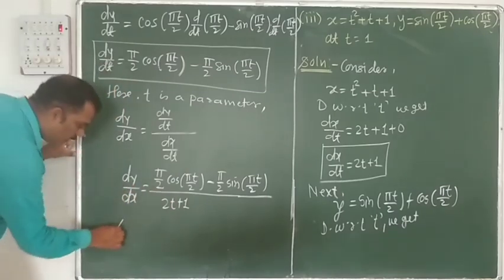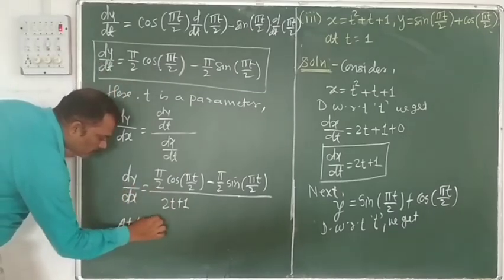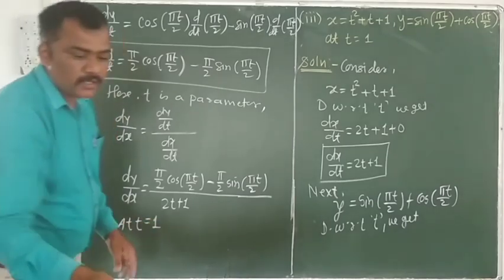We have to find this value at t is equal to 1. So at t is equal to 1, what do we get?